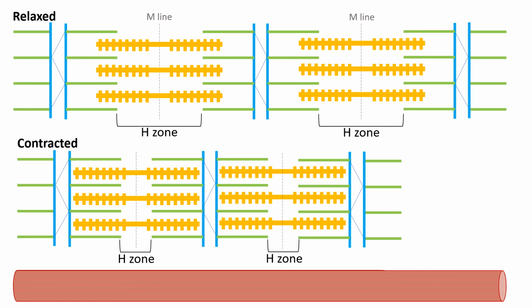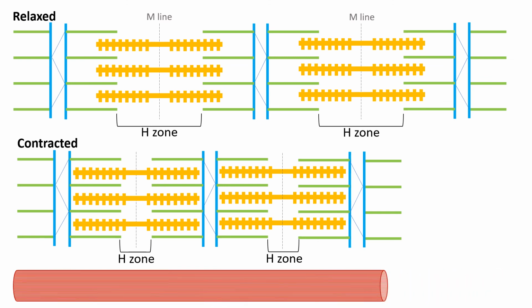So going back to our diagram, remember, in a relaxed state, we have a wide H zone. The ends of actin are a long way away, either side of the M line. In a contracted state, they've moved much closer to the M line. The sarcomeres and the H zones have shortened.